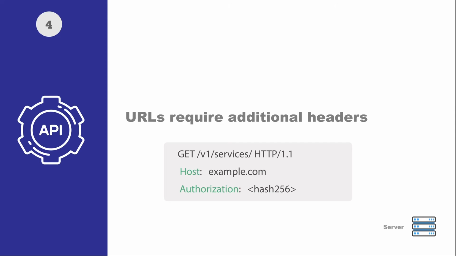We should version a REST API every time the URL requires additional headers. Let's say for the sake of this tutorial, we have the user requesting v1/services, and previously they used to call this endpoint as a public endpoint without any authorization, without any additional headers.